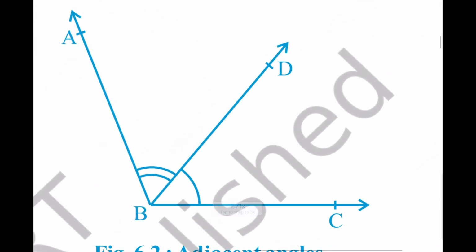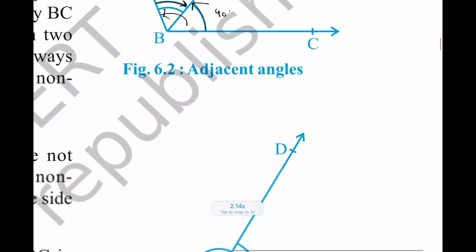In this figure we have the combination of three lines forming two angles, angle ABD and angle CBD. If angle ABD is a 50 degree angle and angle CBD is 40 degrees, then their sum will be 90 degrees and therefore it will be a set of complementary angles.